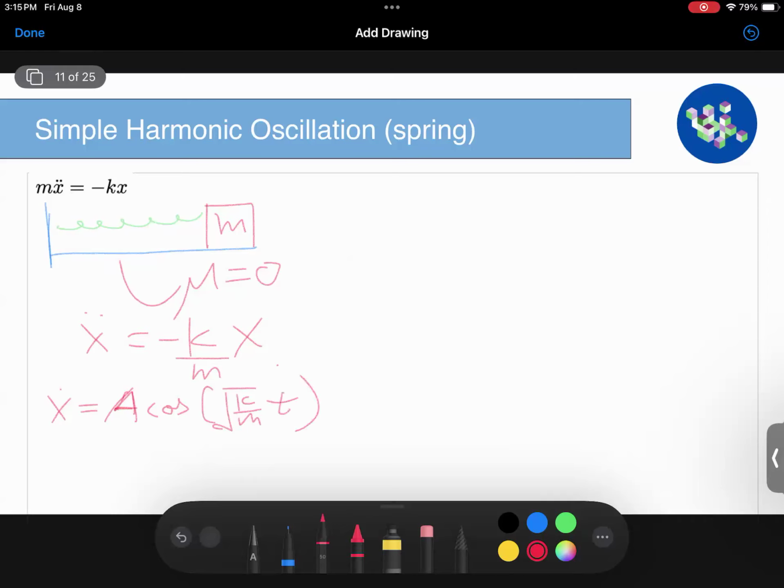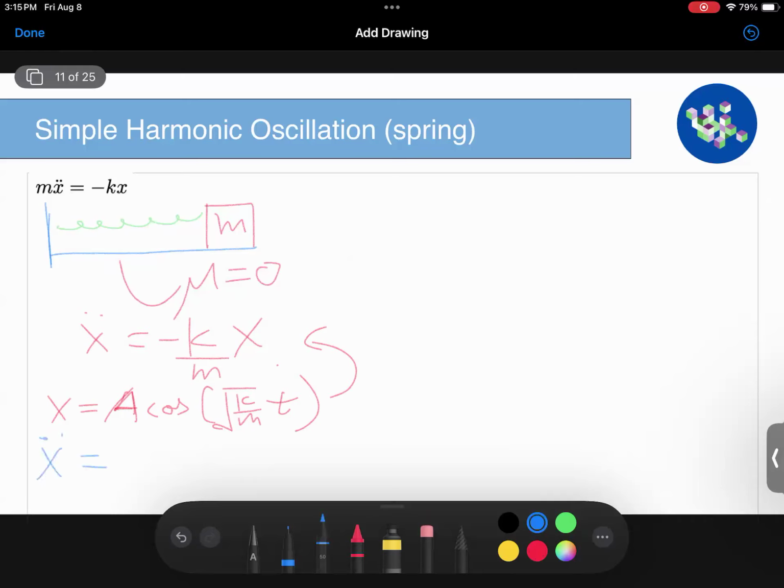if I plug x equals this into my equation, what do I get? Well, I'm just taking the derivative twice.